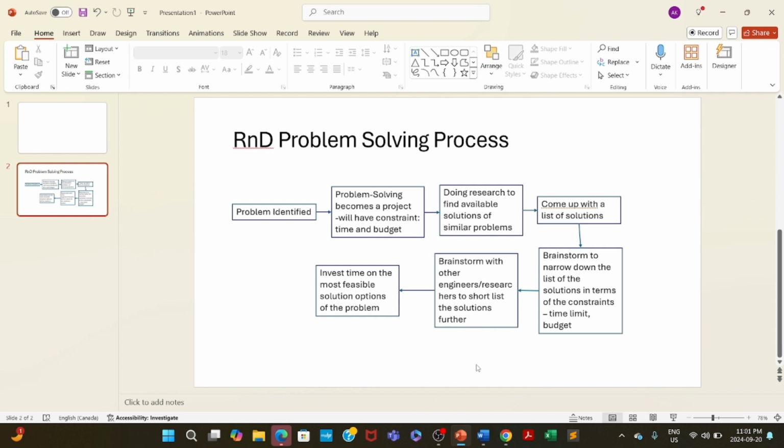Anyway, so what would be an R&D problem solving process? First, we identify a problem, then problem solving becomes a project.